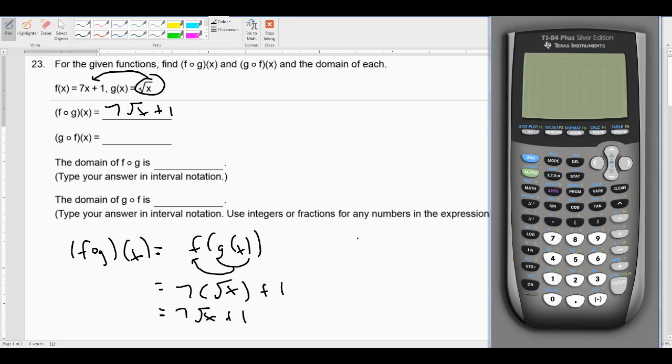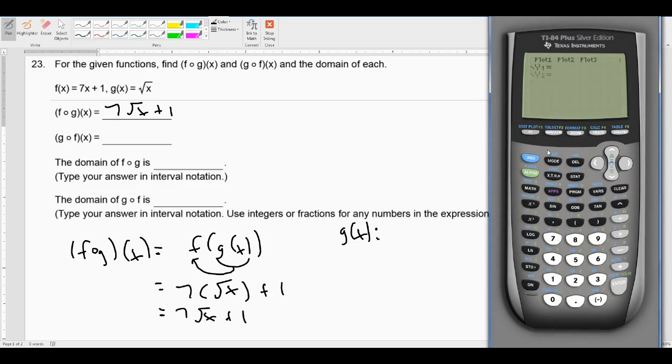Now, when we do the domain, you have to look at the inside function first. So the domain of the inside function, which is the square root of x, let me erase these lines. I recommend going to your calculator, typing in second square root of x and graphing it. It looks like it's going from 0 all the way to infinity.